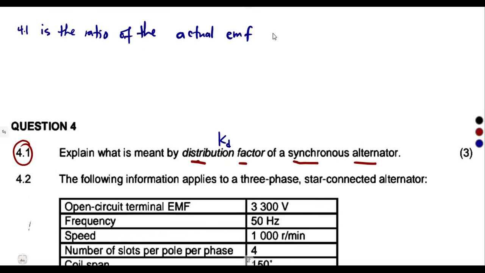EMF obtained. I'm not going to rewrite these definitions again for anything that we did.